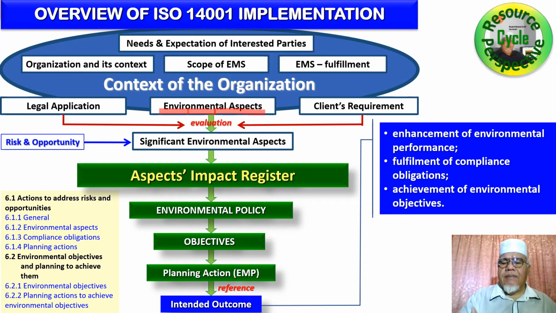How we identify environmental aspects, the methodology, which I think by far is very successful. As I mentioned, it is derived from mechanical engineering, the mass balance. So they adopt the input-output analysis.